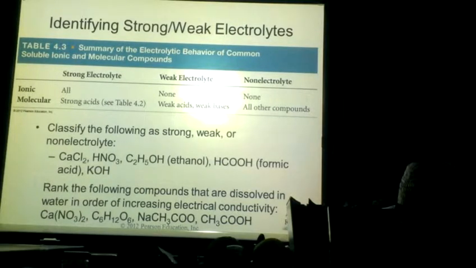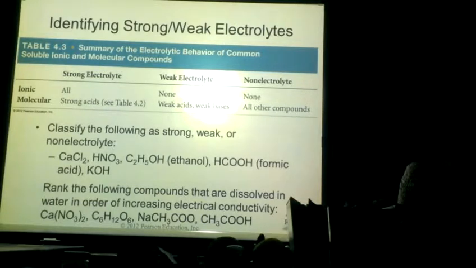Okay. Ethanol, C2H5OH, well, it's not an ionic compound, it's not a strong acid, it's not a weak acid or a weak base, so that means it's just any other molecular compound which I consider to be a non-electrolyte. Okay? Formic acid, right here.